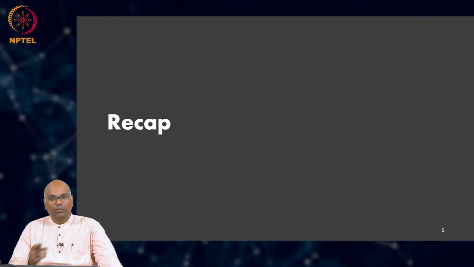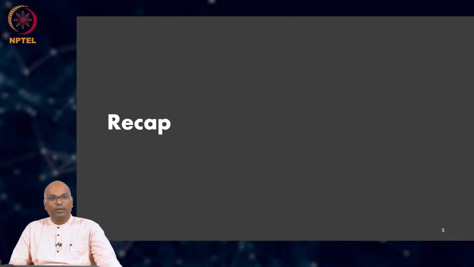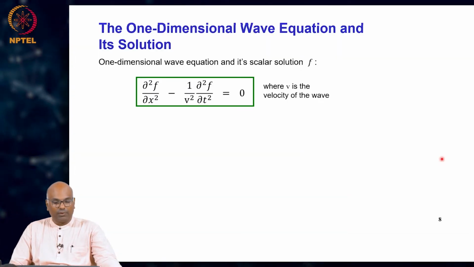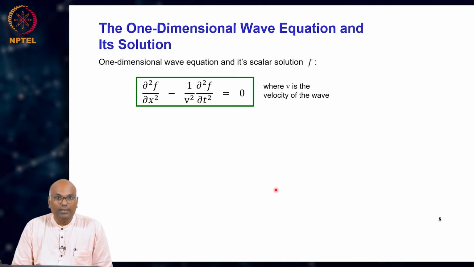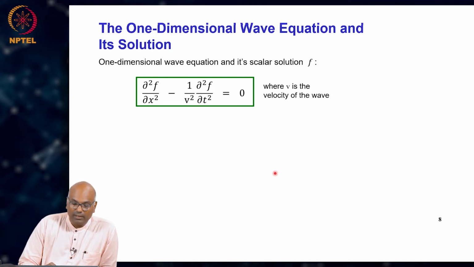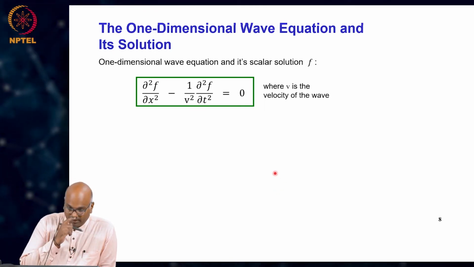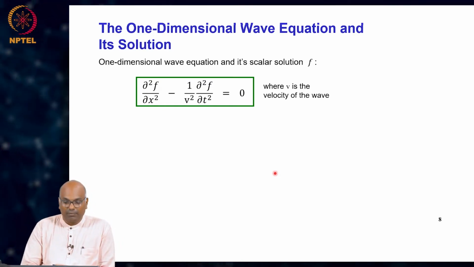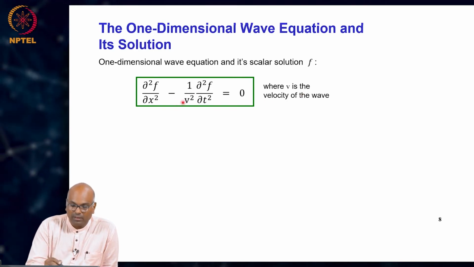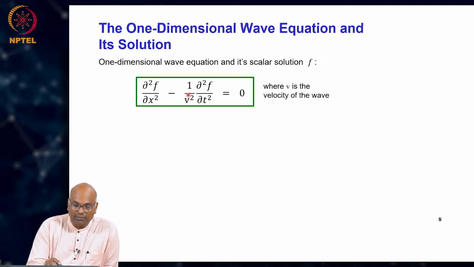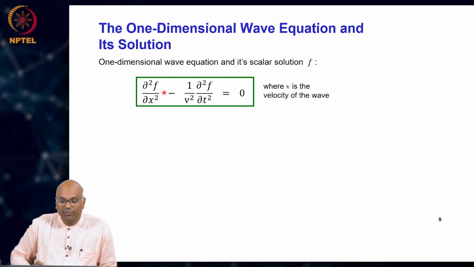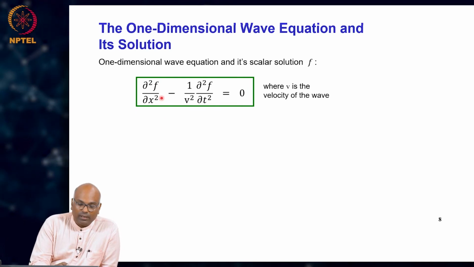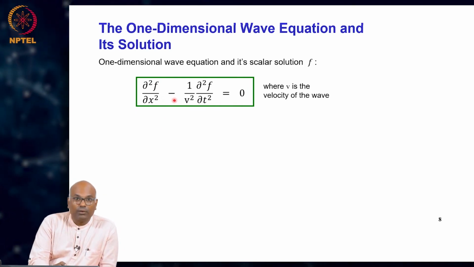Okay, now going to the recap of the previous lecture, these are the salient aspects of the lecture we just completed. Firstly, we figured out that all wave phenomena, not just in optics, are captured in this idealized one-dimensional wave equation, where f is the scalar solution of this wave equation, and the equation itself is a linear second order differential equation.